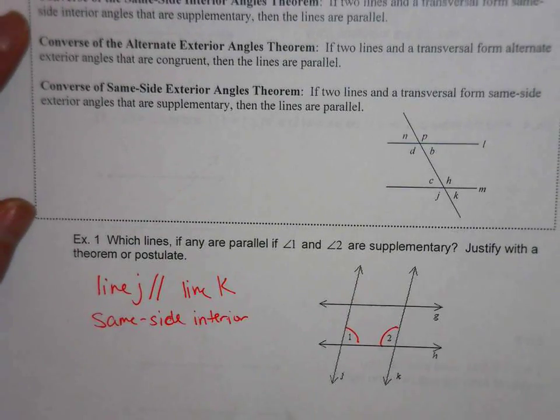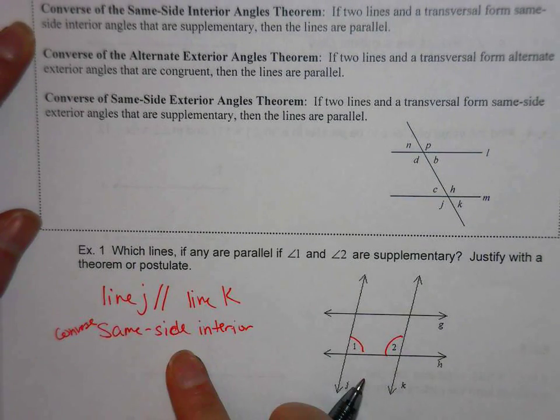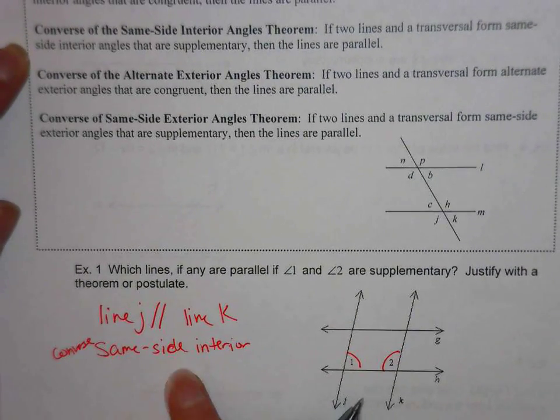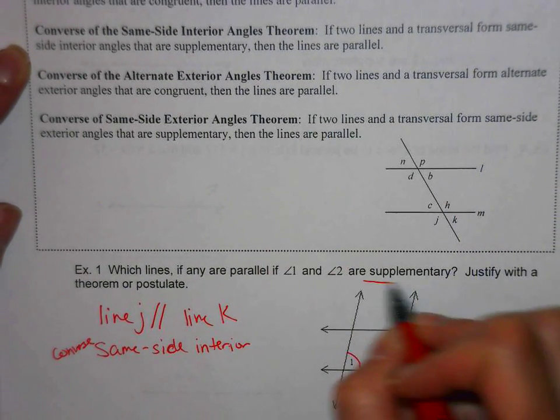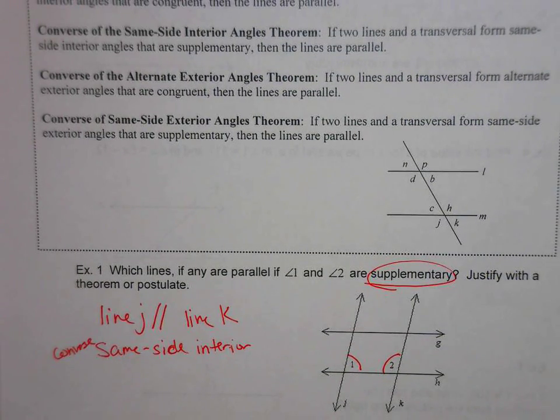And so by the converse of same side interior angles, it states if they are supplementary, which they are, then they're parallel. So this answer is yes, and we're using that postulate to justify it.